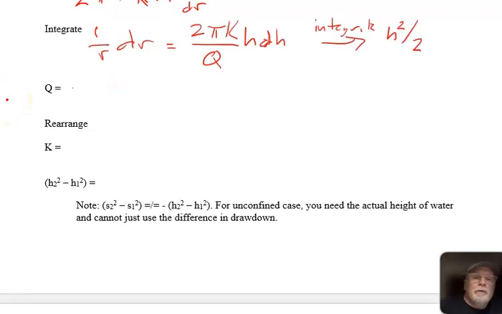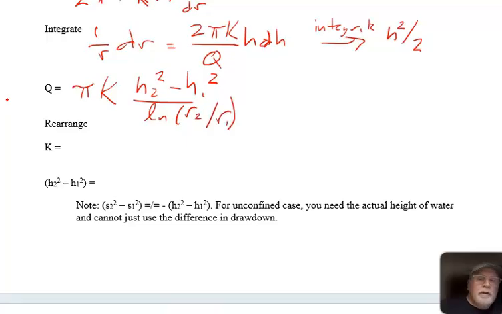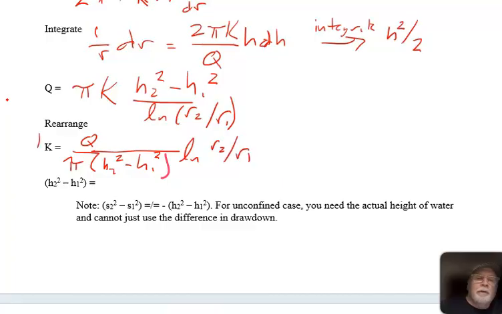Rearranging, I get Q equals pi K times h2 squared minus h1 squared over the log of r2 over r1. And I rearrange that to solve for K. I get K equals Q over pi times h2 squared minus h1 squared on the bottom there, times the log of r2 over r1. So that's arranged to solve for K, given the heads at the different radii and the flow rate.